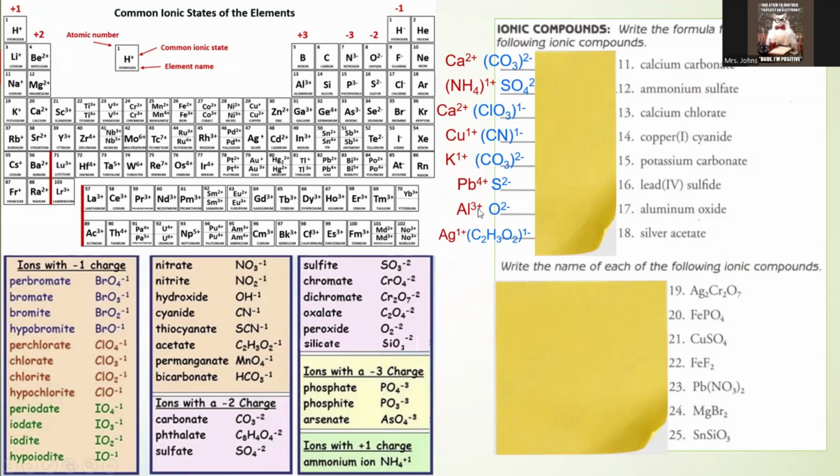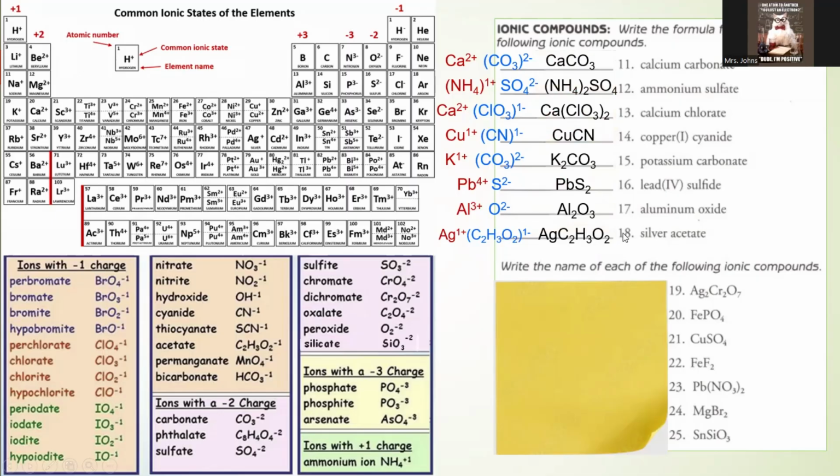So aluminum has 3 plus, oxygen has 2 minus. So we have to crisscross multiply here. We'll need 2 aluminum atoms and 3 oxygen atoms. So Al2O3. And the silver and the acetate. So the silver has the 1 plus, the acetate has the 1 minus, so 1 of each. So our answers should look like this.